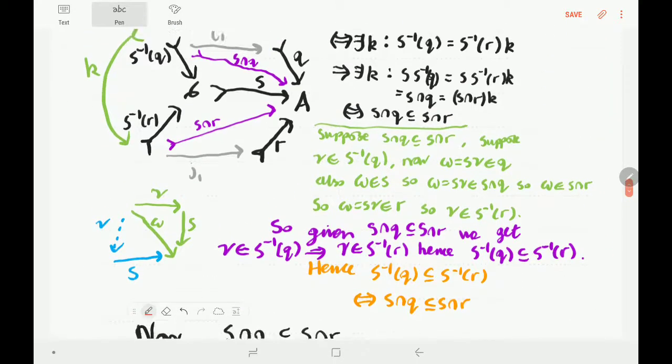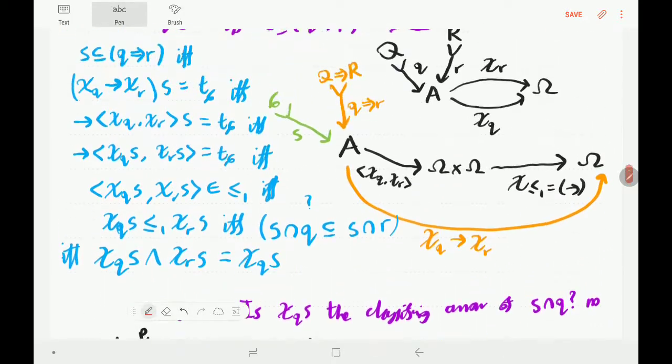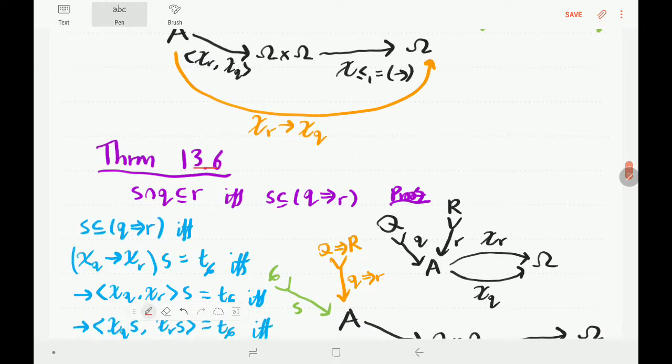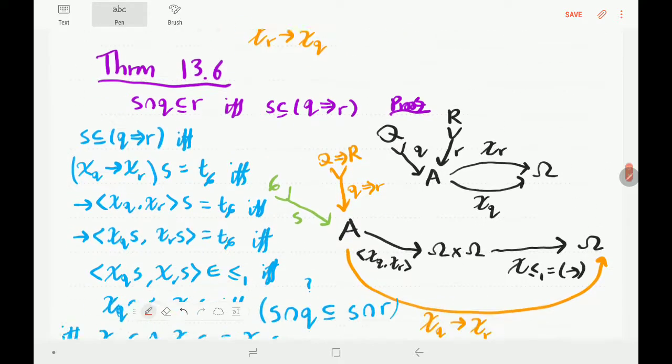That's the basic gist of this theorem, which we want to prove, theorem 13.6.